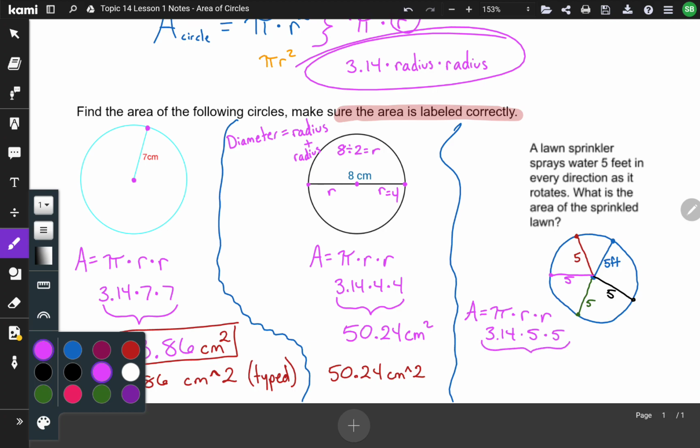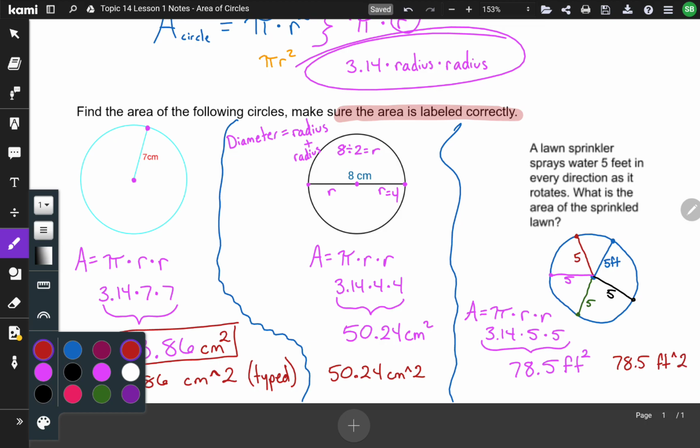Plug that in the calculator. 3.14 times 5 times 5. I get 78.5. This time my label is feet. And I'm still squared because it's area. And again, if I'm typing this in, it'd be 78.5 space FT for feet, our little caret, and then 2.